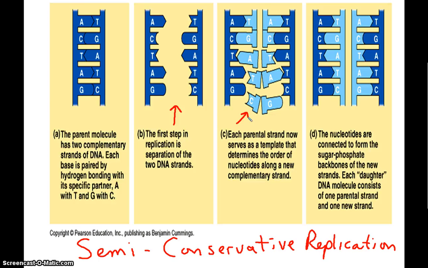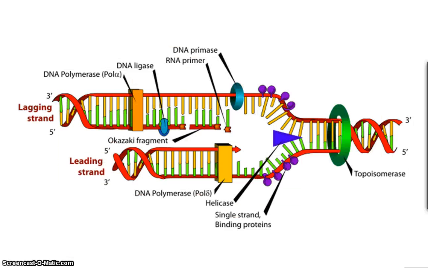At the end of that, we get two new strands, each identical to the original parental strand in terms of the sequence of base pairs. But because half is the dark blue parental and half is the light blue new daughter strand, we get what's called semi-conservative replication. The new strand isn't entirely new nucleotides, and it's not entirely old nucleotides, it's a mixture of the two, and that's why it's called semi-conservative replication.